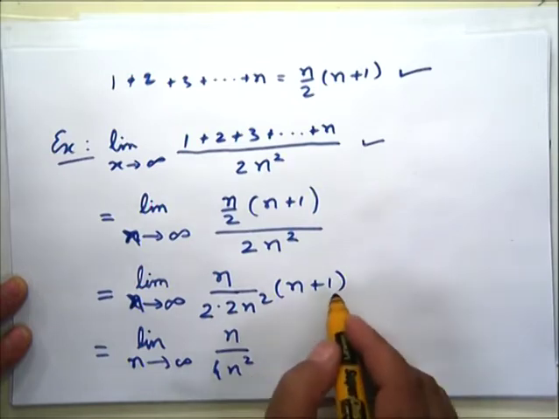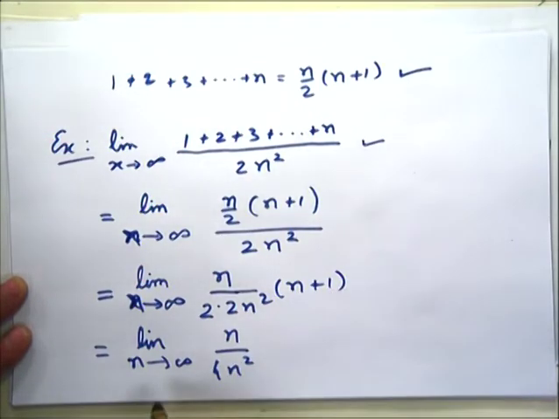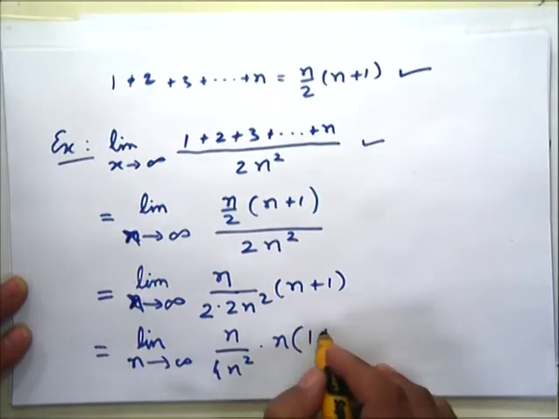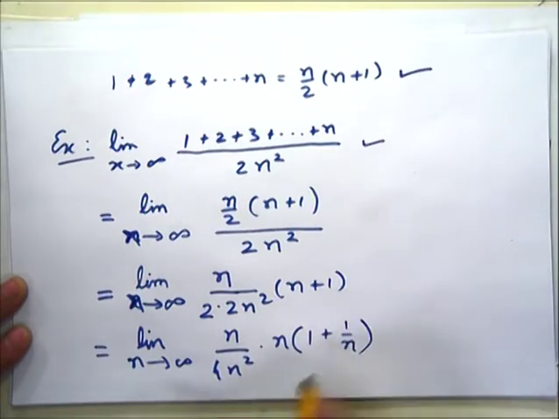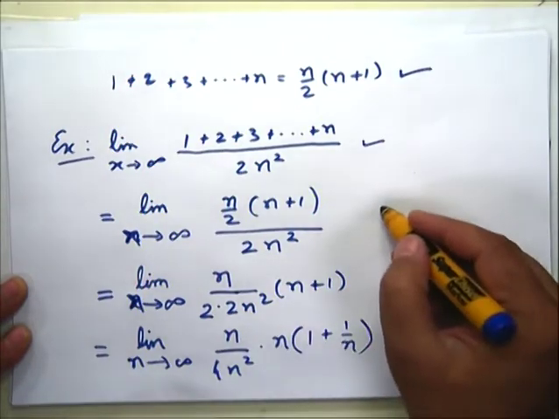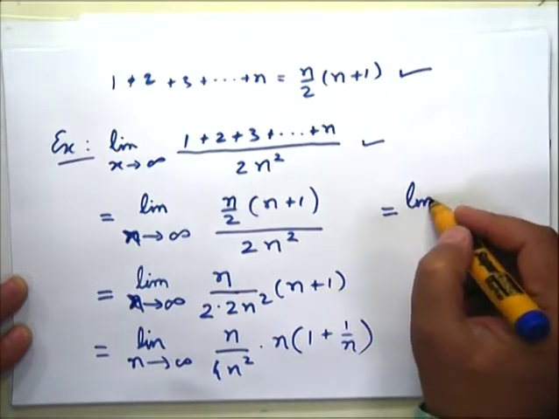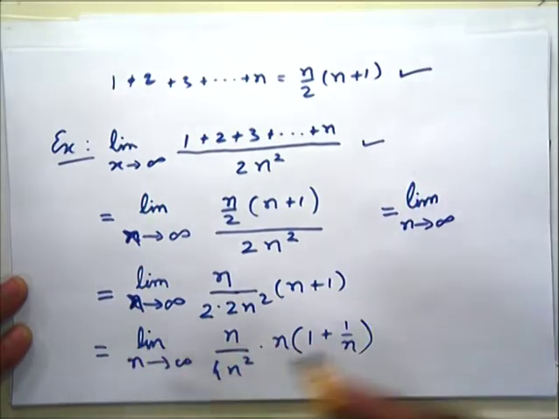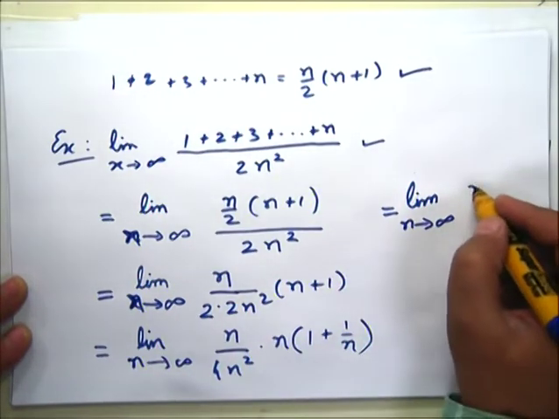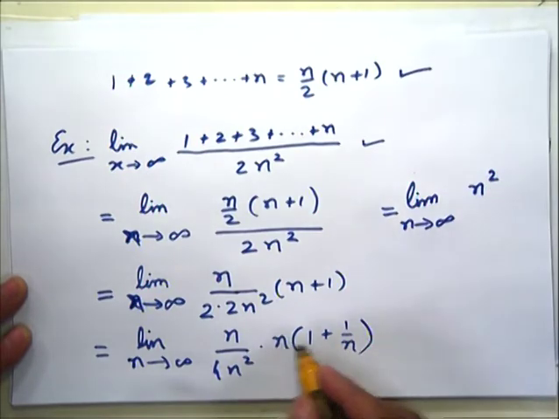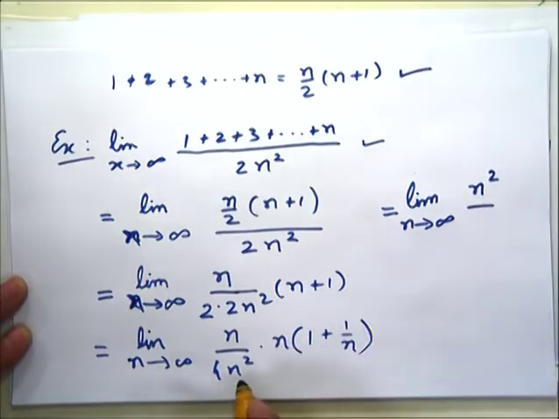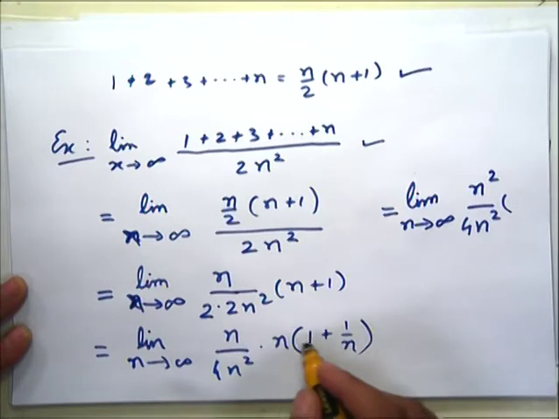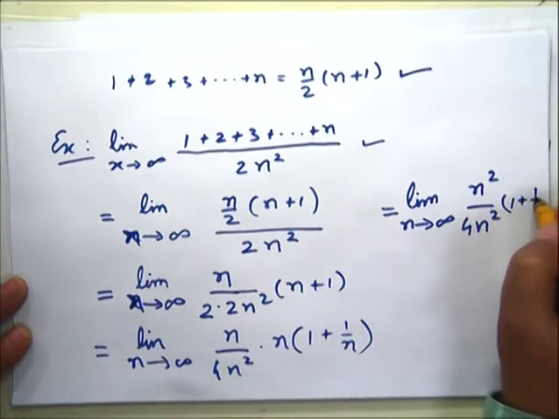Now we are taking n outside the bracket, so I will write n into 1 plus 1 upon n. Now this is equal to limit n tends to infinity, n square upon 4n square into 1 plus 1 upon n.